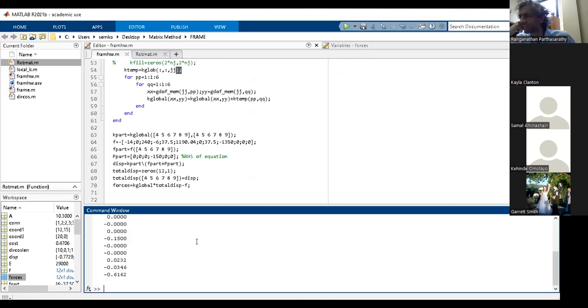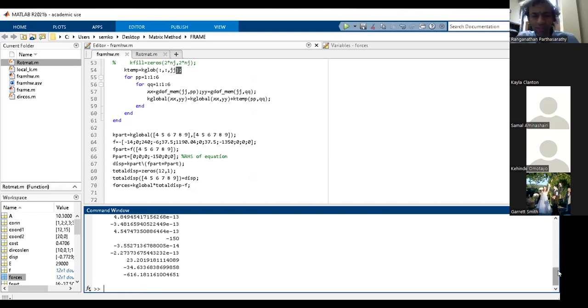Type format long G. Space long space G. Enter. Now again type forces. Still something is not matching. Okay.